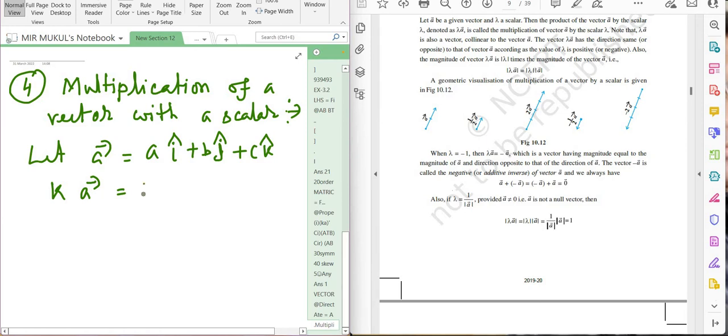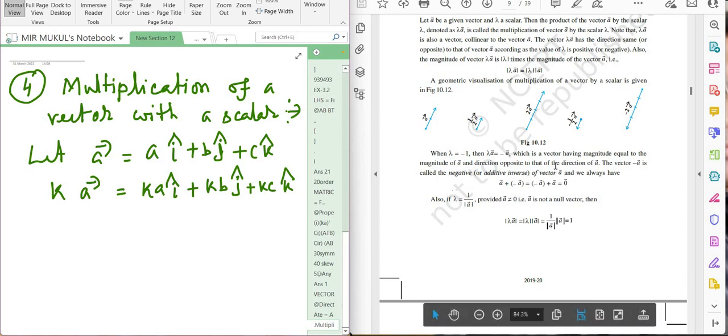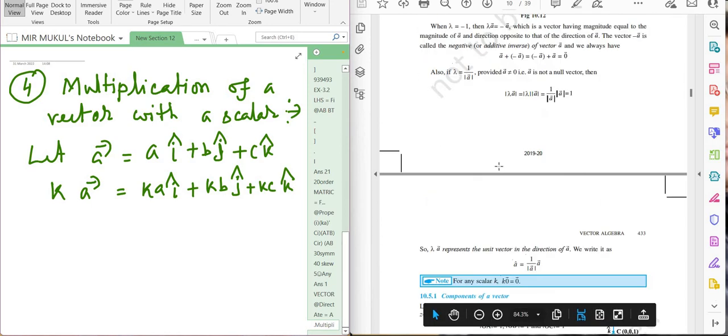that is kai plus kbj plus kck. Right. So like that we can multiply a vector with a scalar.